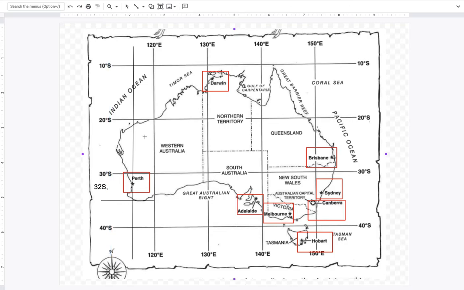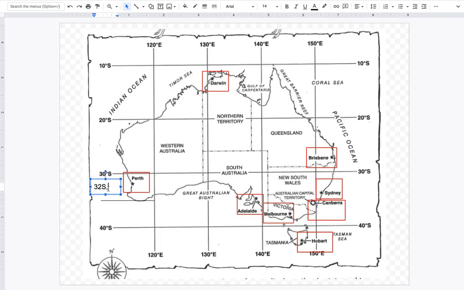So what line of longitude would you say it is on? Well, I would say if it's right in the middle between 120 and 110, it's 115 degrees east. Let me make that bigger so that looks right. Okay? So, your answer here would be 32 degrees south, 115 degrees east.